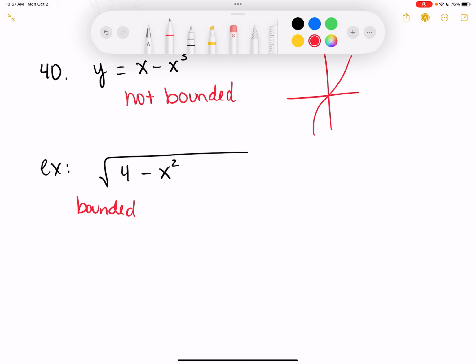Okay. So the last stuff we have in this section is telling if a function is odd, even, or neither, and then finding horizontal and vertical asymptotes. None of that's super hard. We don't have enough time to do it today, though, so I'm going to save those two things for tomorrow. But I'm going to go ahead and give you the problems up to this point.